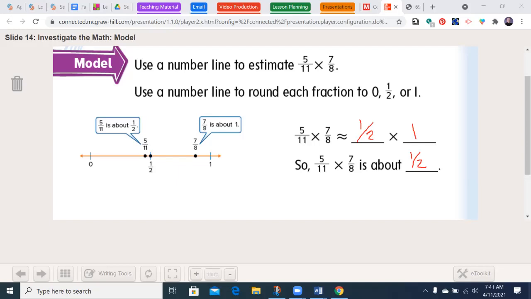You are entitled to use a number line to help you to do this during the lesson, but it also may be a good idea just to visualize. Think, where would half of 11 be? About 5.5. Well, 5 is pretty close to that. 8, what's half of 8? 4.